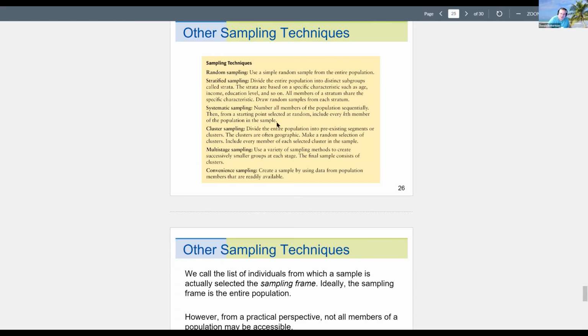In systematic sampling, you number all the members of the population sequentially, and then you start at some random number, like the 5th person. And then you just do guy number 5, guy number 10, guy number 15, guy number 20. So you go through the entire population in a systematic way, with a particular structure. So that's what that looks like, and we're keeping that in mind.